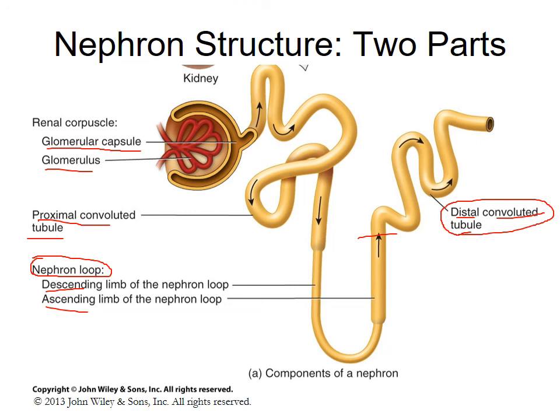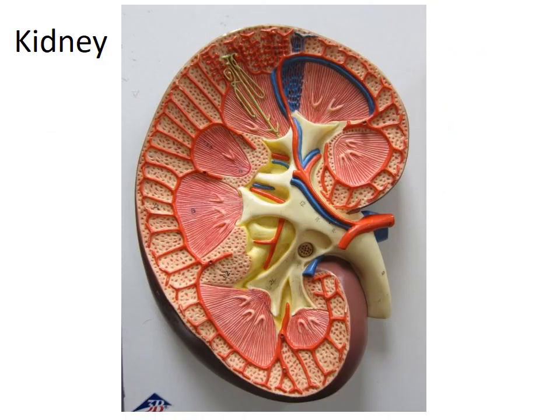Now remember, several distal convoluted tubules are going to join these things called collecting ducts, which will start taking this filtrate down to the minor calyx, at which point when it enters the minor calyx, it is called urine. So this is the overall picture of our model again.